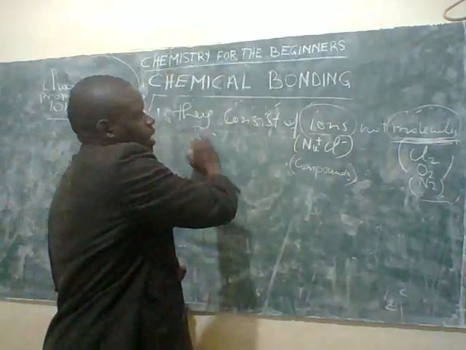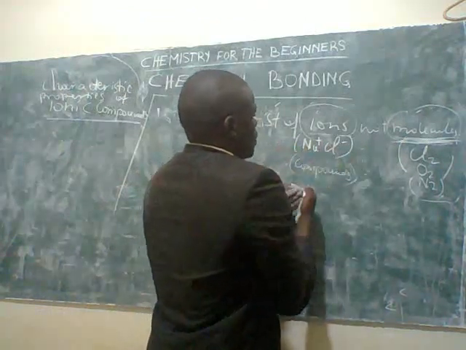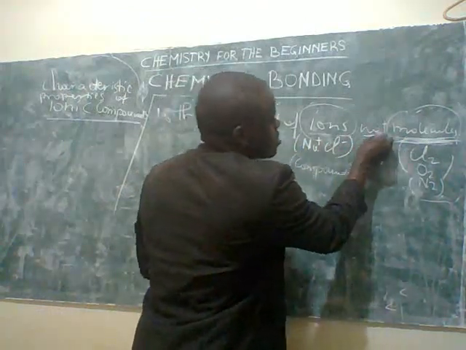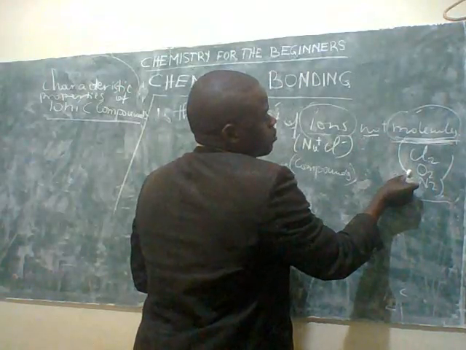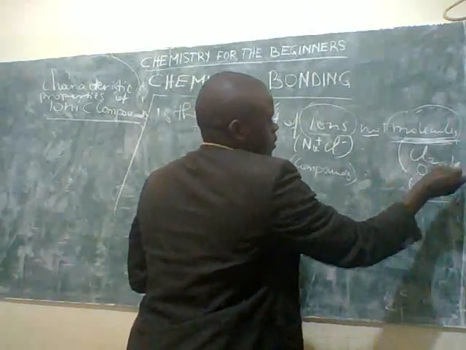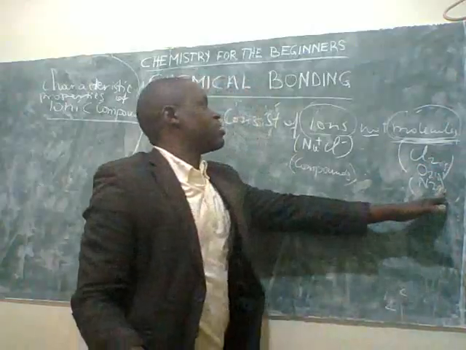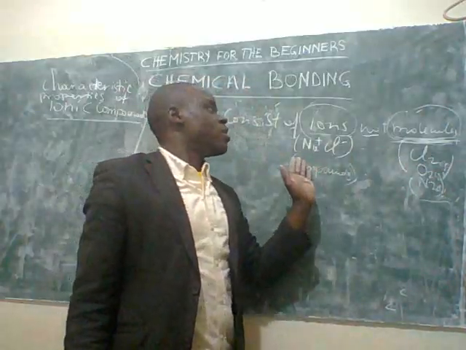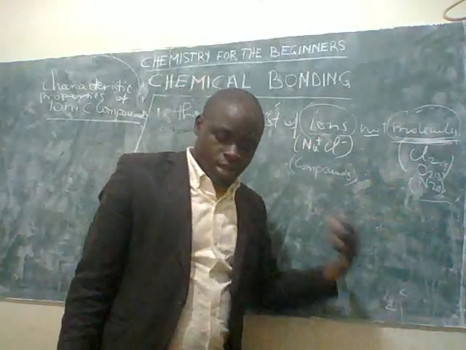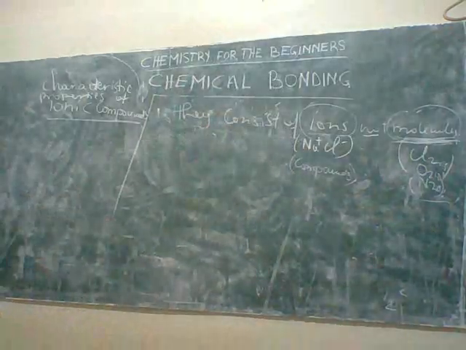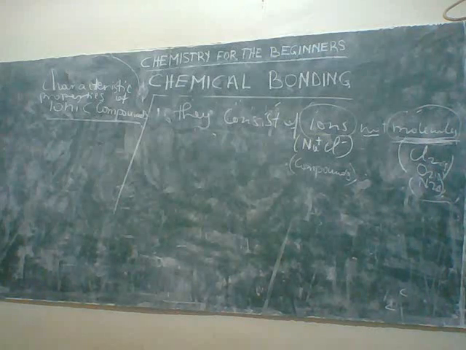Number one, they consist of ions, for example sodium chloride, not molecules, for example chlorine gas, oxygen gas, nitrogen gas. These are not ionic because they are not ions, but just atoms combined together. So this is characteristic number one.